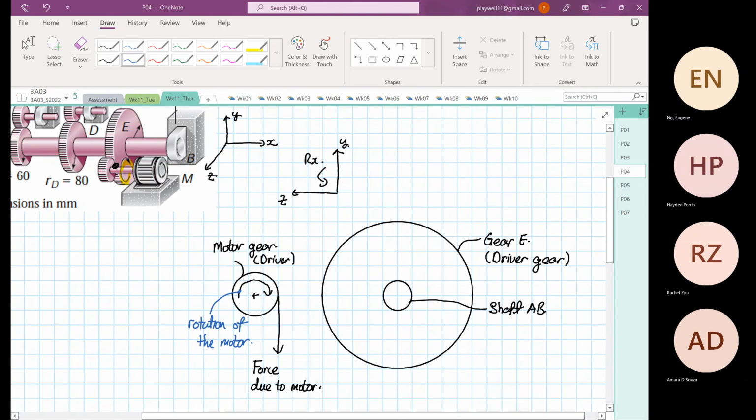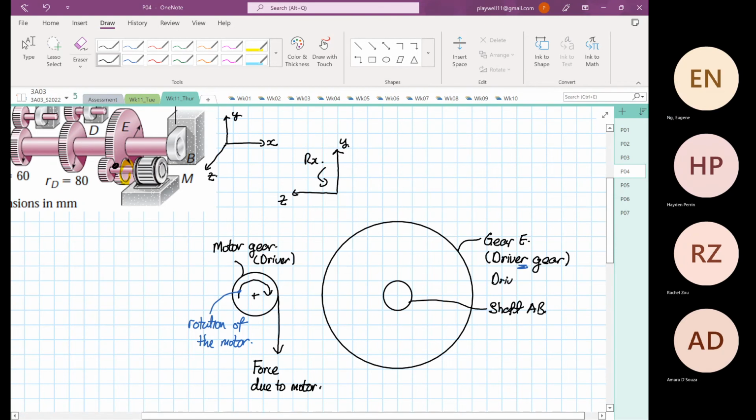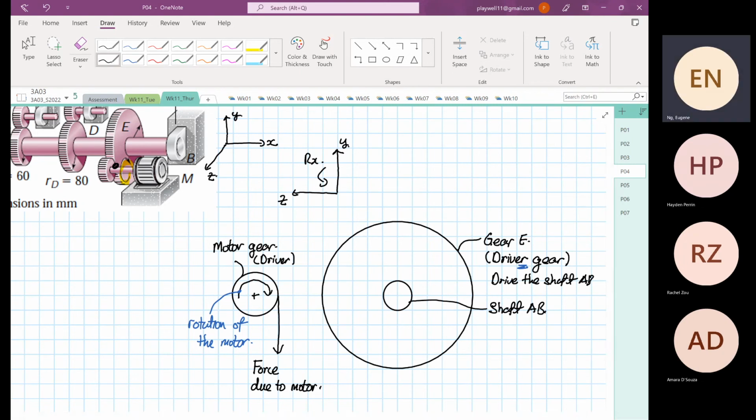Okay. Now, gear E is known as the driver gear, right? Why? It will drive the shaft AB. Okay. So because it's the driver gear, we know that the rotation will also go in this direction.